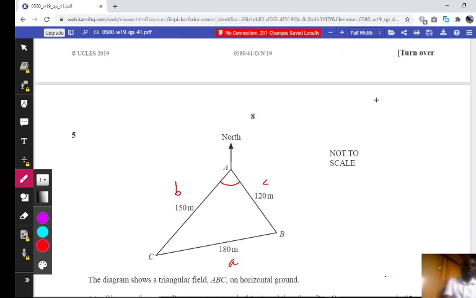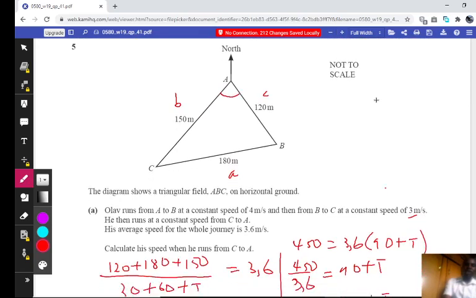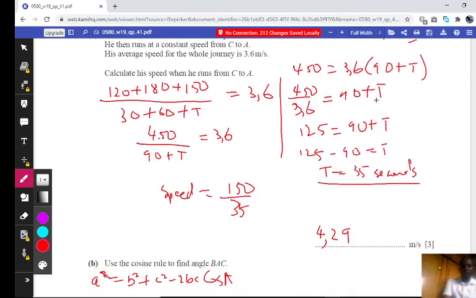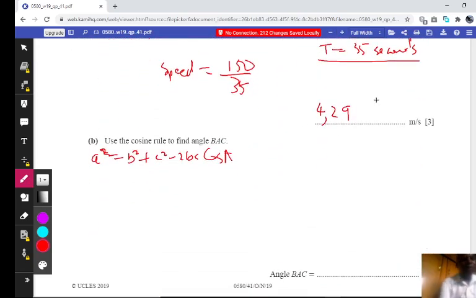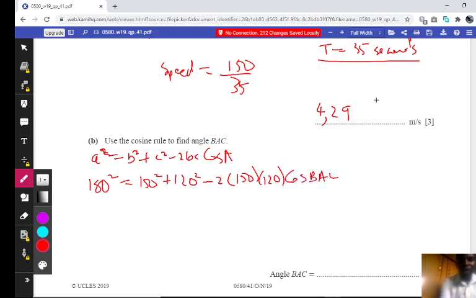So a is 180, b and c are 150 and 120. So you say 180 squared is equal to 150 squared plus 120 squared minus 2 times 150 times 120, then cos BAC. That's the angle that you want to find here.